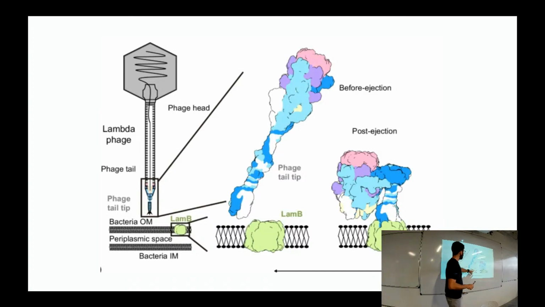So you have one receptor here that does some function. In particular, this lambda phage targets a receptor that cells use to import maltose, so for nutrients.